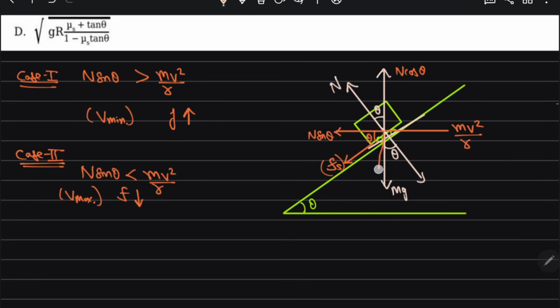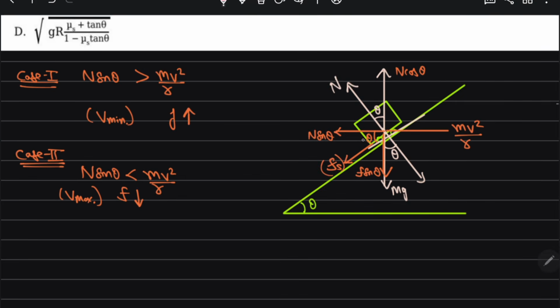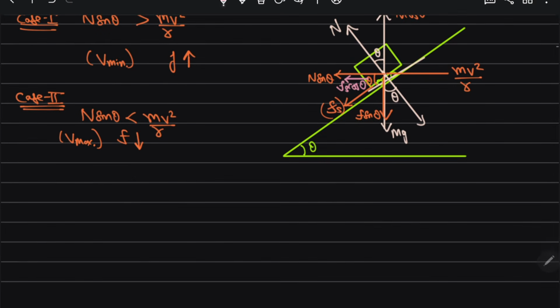So this is theta, so this is also theta. This comes out to be f sin theta, and here f cos theta, where f is mu s N. So I write two equations. Look, F up is equal to F down, in vertical equilibrium.